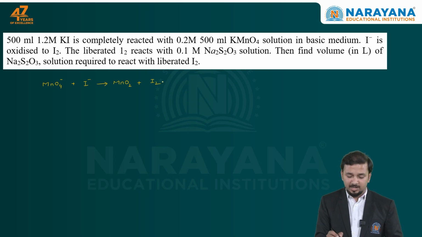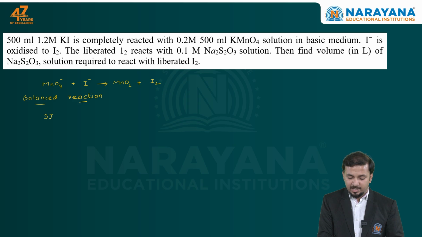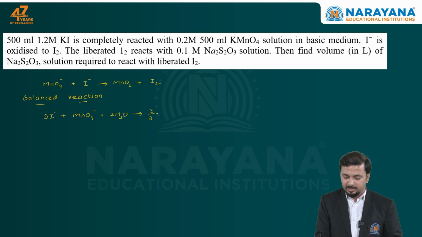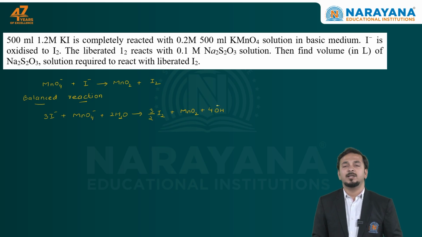Now if I write the balanced reaction, it will be 3I minus plus MnO4 minus plus 2H2O will give us 3 by 2 I2 plus MnO2 plus 4 OH minus. First of all, this balancing itself will take time. So this is going to be a tough question for sure.